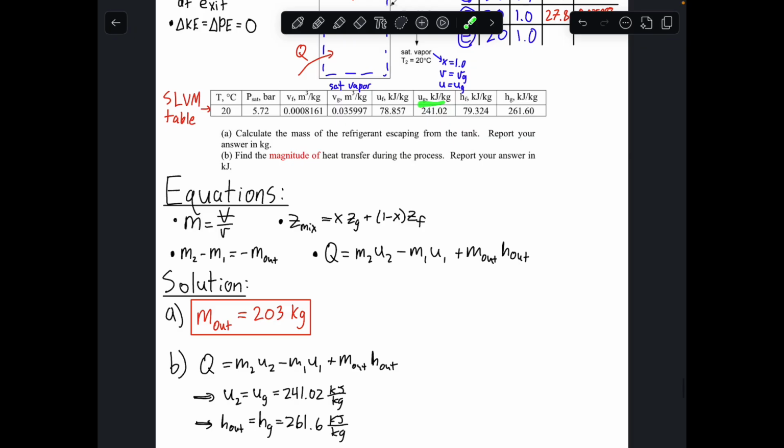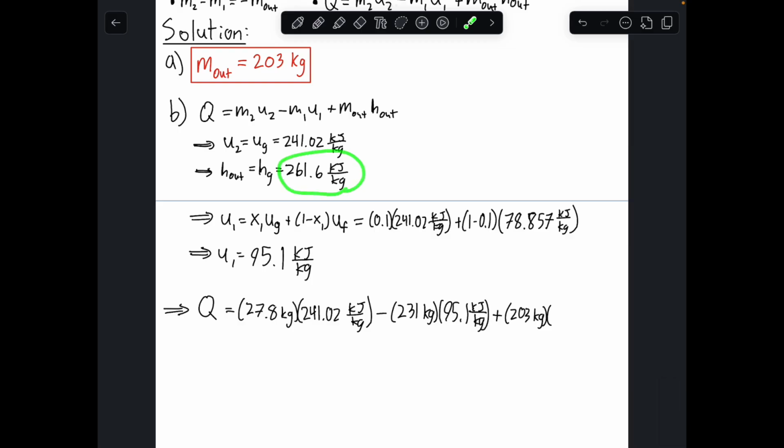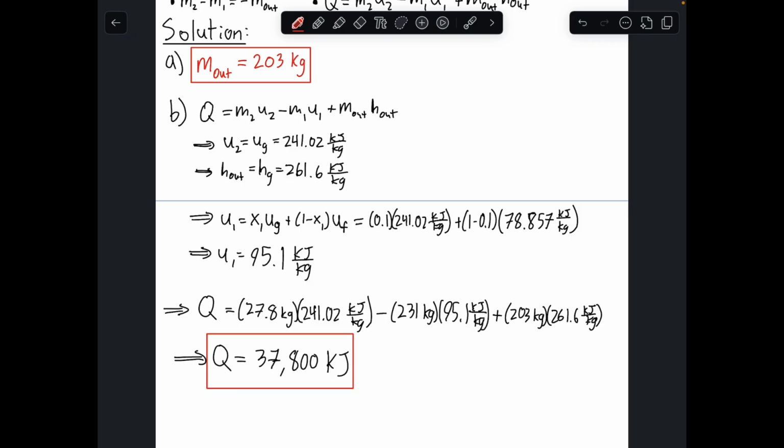We don't want to use internal energy, we want to use enthalpy here. So that's 261.6, what we found here. And so if we plug that all in, we should get that our heat transfer is equal to 37,800 kilojoules. So this will be our final answer for part B.